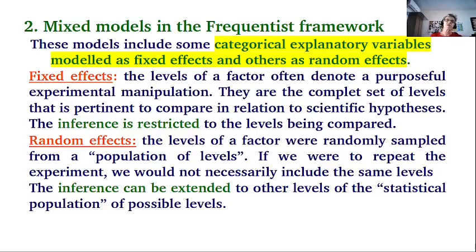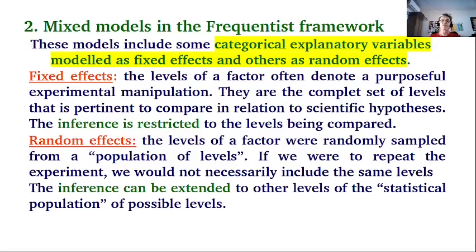In contrast, for random effects, the levels of a factor are randomly sampled from a larger population of levels. For instance, we may know that the genotype of individuals affects the mean of the response variable. We know and measure that. Because of that, we know and measure the genotype of different individuals. And if we were to repeat the same experiment or observation, we would not necessarily include the same set of levels of these explanatory variables.